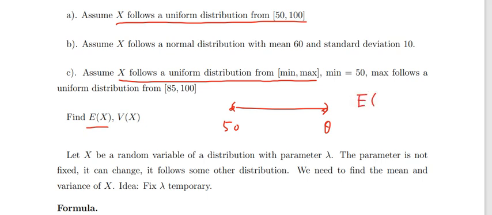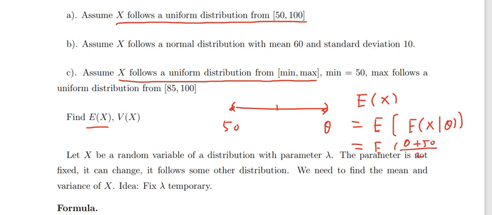So to find EX, we write a double E, fixing theta. If theta is fixed, then the expectation is the midpoint, theta plus 50 over 2, right?